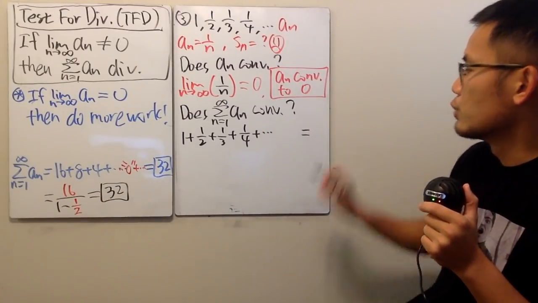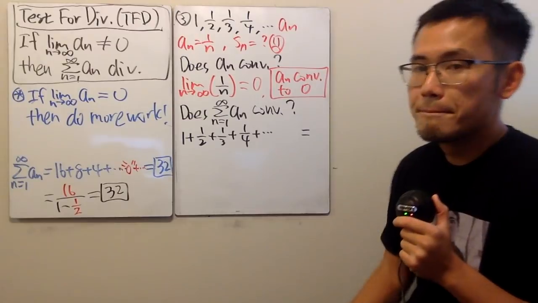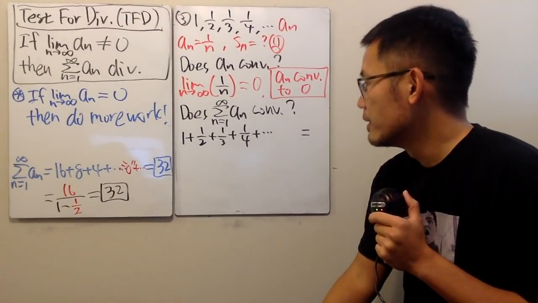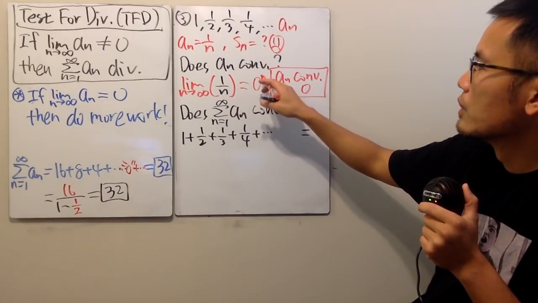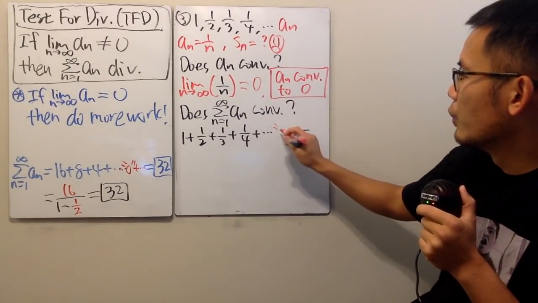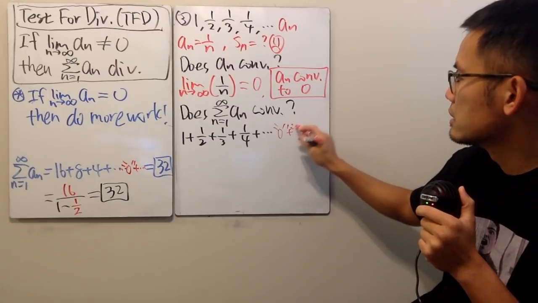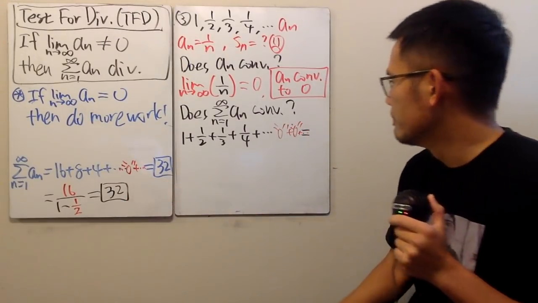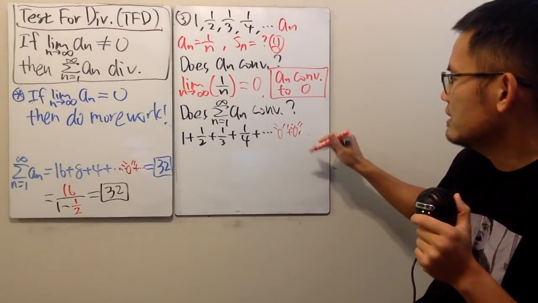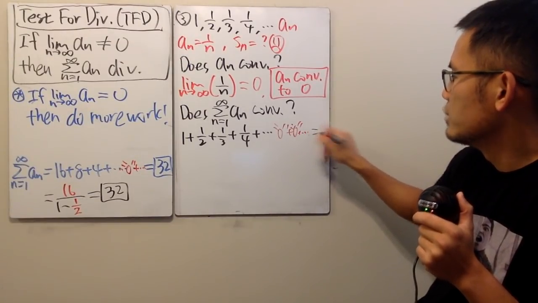What do we get right here? Well, you might be thinking that earlier, this is 0, so eventually we're adding a bunch of zeros like this. So this is really, really bizarre, really, really strange.